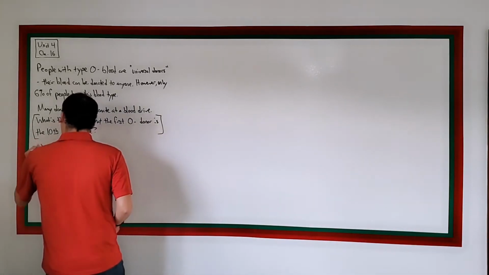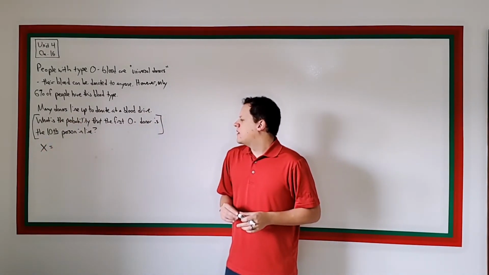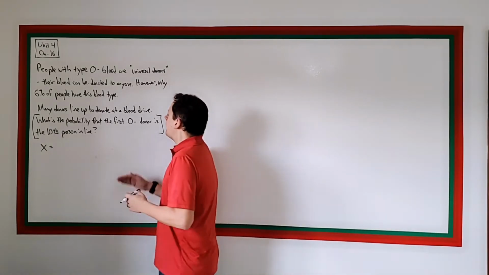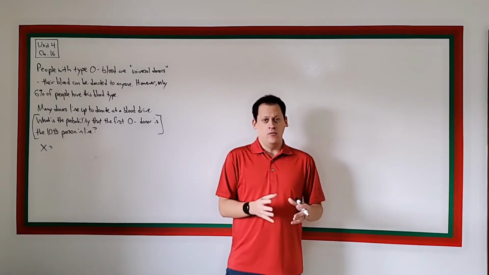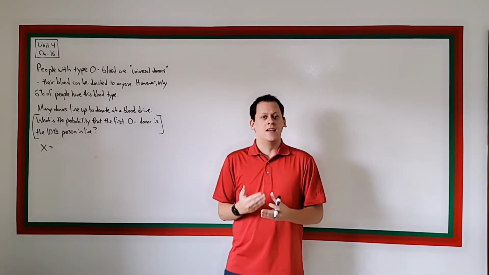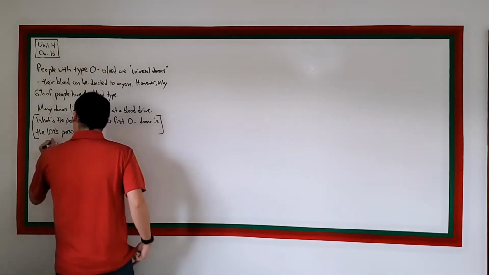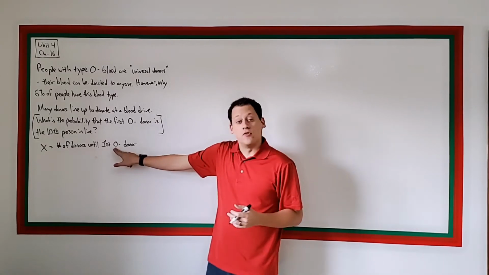So what is x equal to here? Well, you can already tell this is a little different, right? The random variable here is how many people, how many donors it takes to get that first person that's O negative.